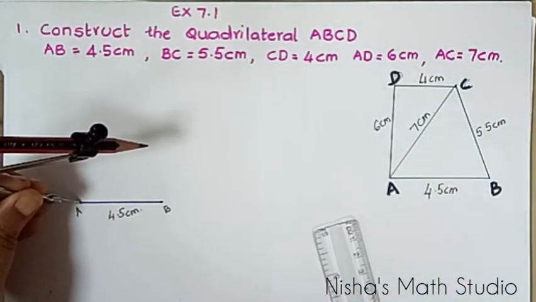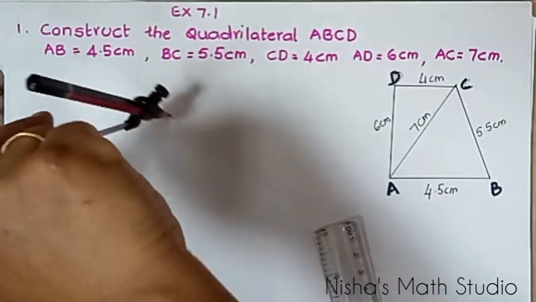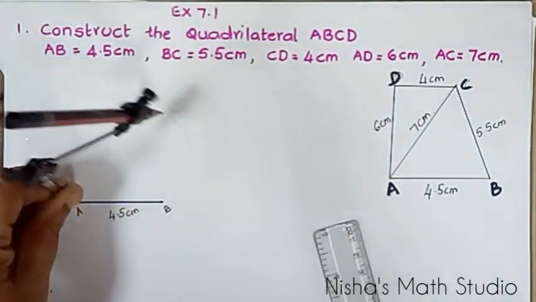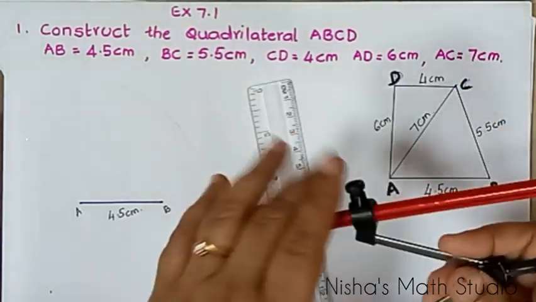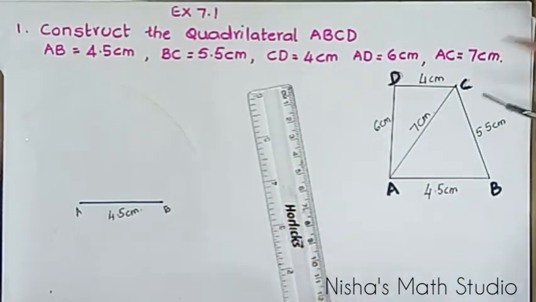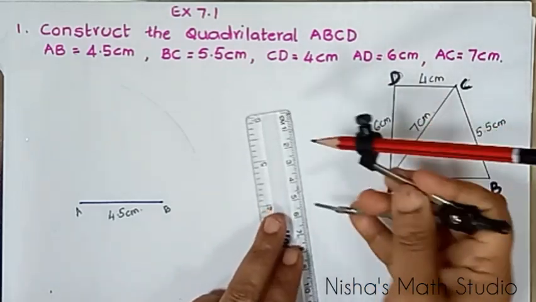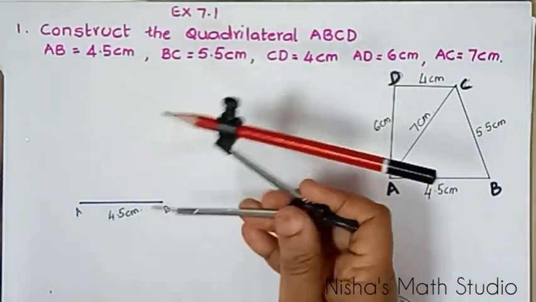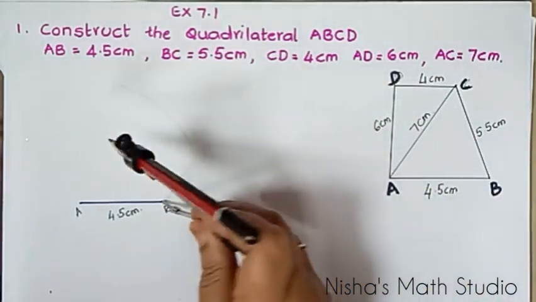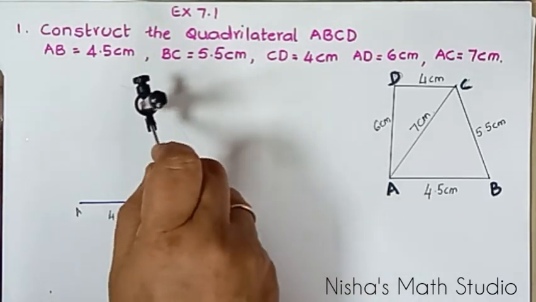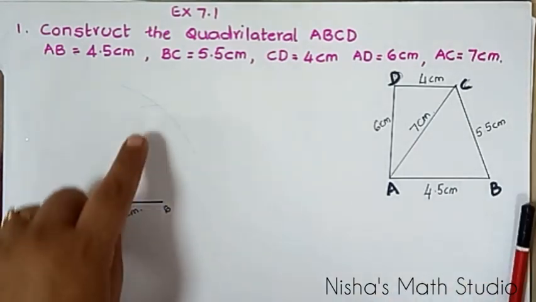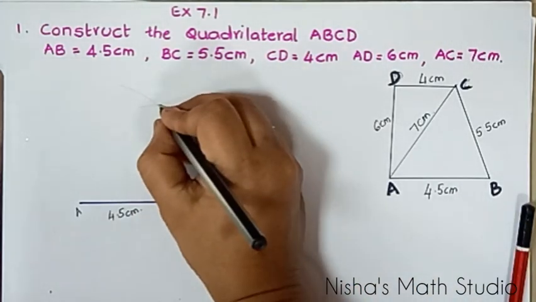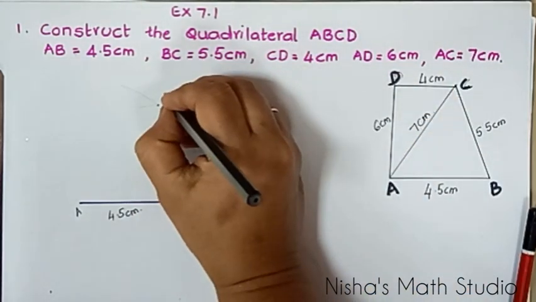With A as center, draw the arc which is 7 centimeter. Now adjust the compass to the distance BC, which is equal to 5.5. Keeping B as center, draw one more arc. It should cut our previous arc, and this intersecting point is nothing but C.